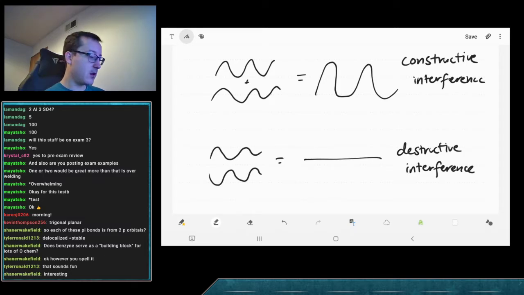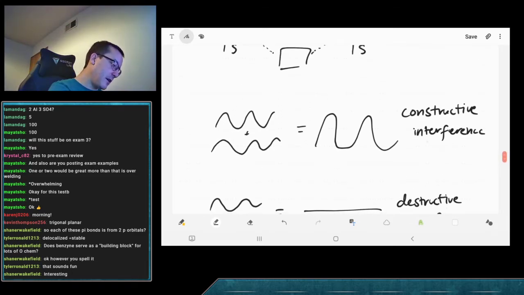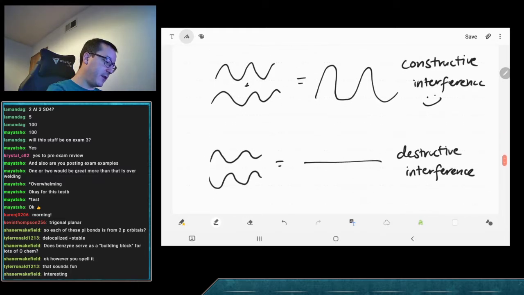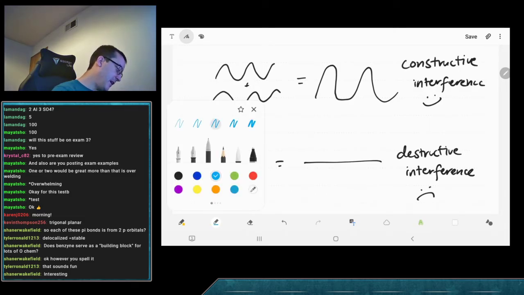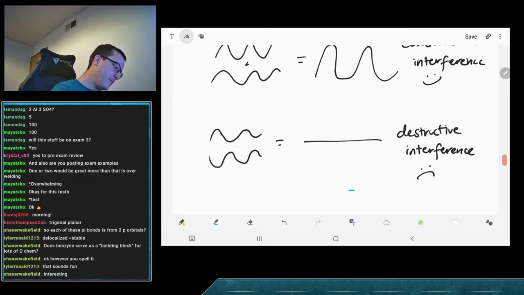That's destructive. We're going to see that this matters. Constructive interference is happy. Destructive interference is sad. Sad things mean high energy. Happy things mean low energy.